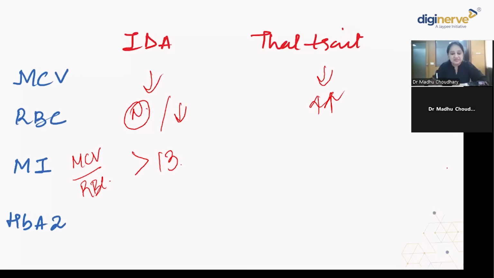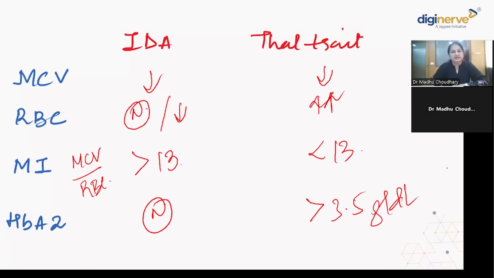But in thalassemia trait, it will be less than 13. And what is the confirmatory test for it? It is HbA2. HbA2 would be normal in iron deficiency anemia, and it would be more than 3.5 in your thalassemia trait. That is the confirmation test.